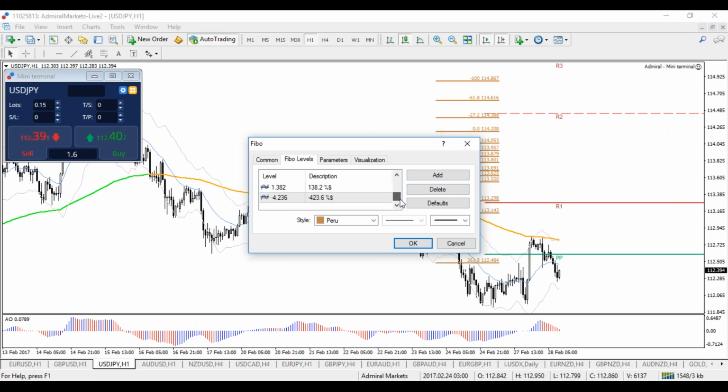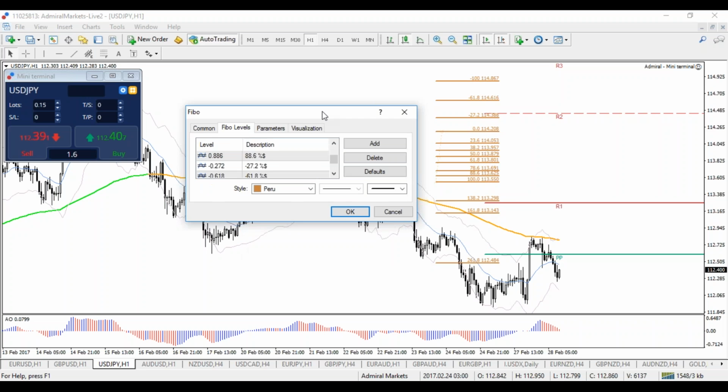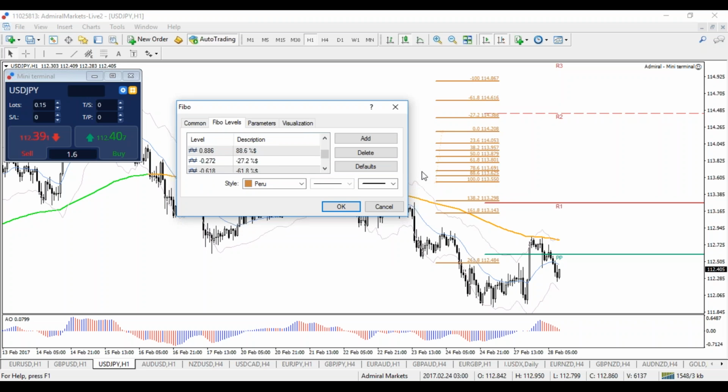Click on add, and then add, for instance, 0.236, 0.382, 0.5, 0.618, 0.786, and I add, for instance, 0.272. Description, you can add anything you want, but if you want a price level, you need to add space % $ sign to get the price level like I have here. And then click on OK.